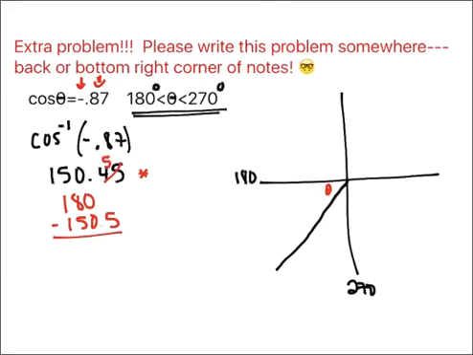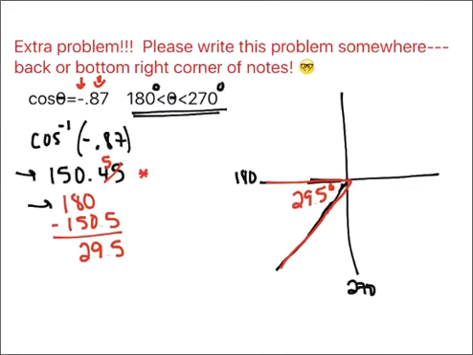When I do that, I get 29.5. So this angle here is really 29.5 degrees. So that angle is 29.5. So that's the reference angle. I know that was kind of weird. It's kind of tricky here. But we can't have a reference angle that's bigger than that, it can't be obtuse.